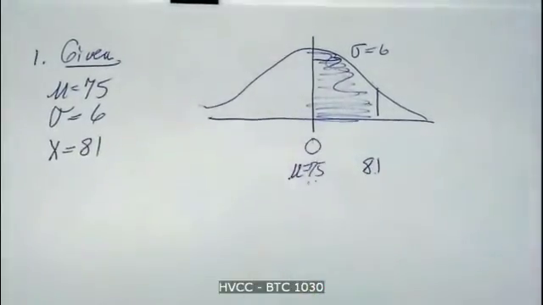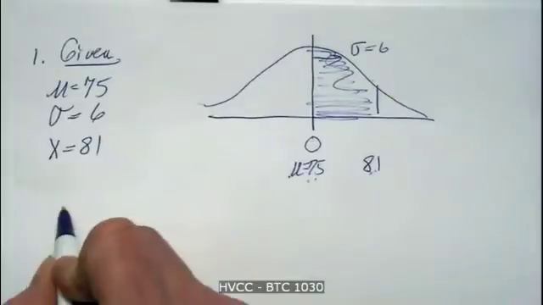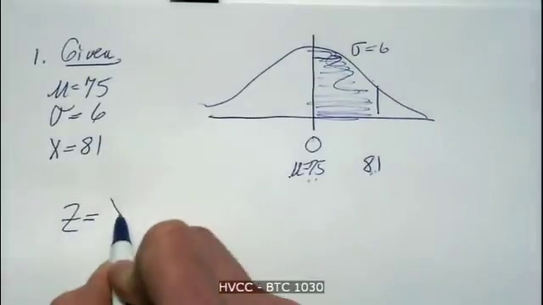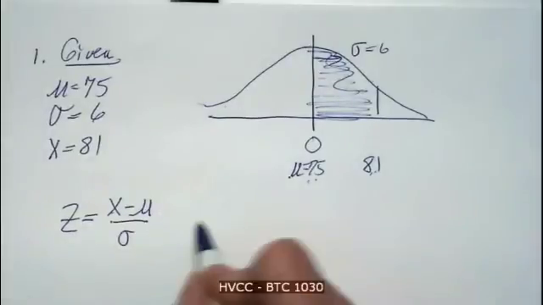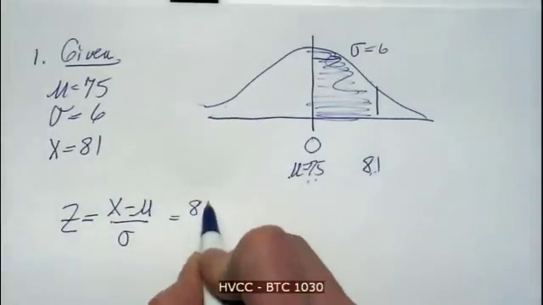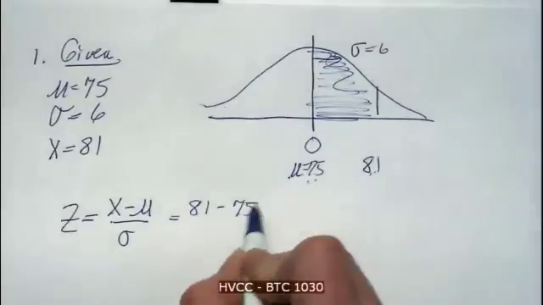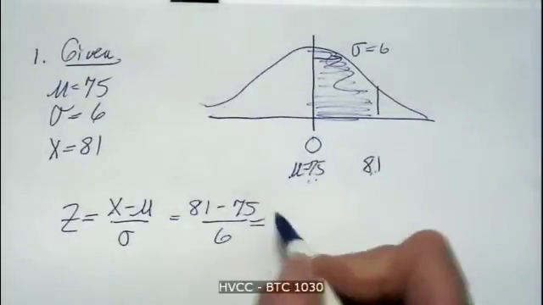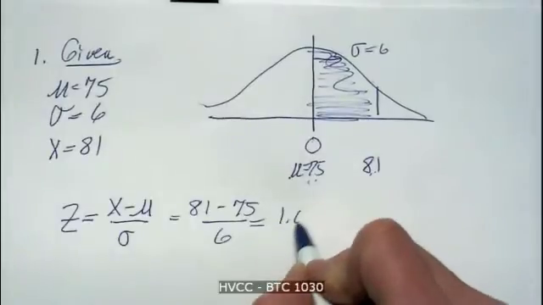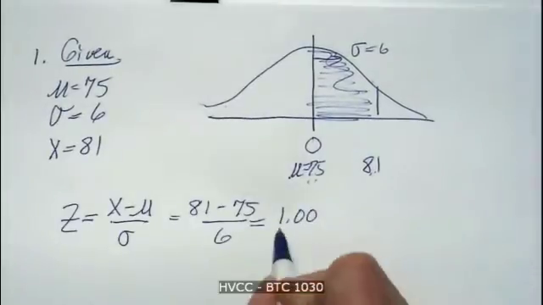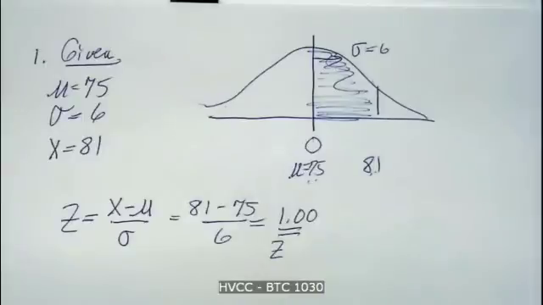Well, we know the mean is 0, but what is that? Well, we use the formula z equals x minus the population mean over standard deviation. In this example, 81 minus 75 over 6. And on purpose, it came out to exactly 1.